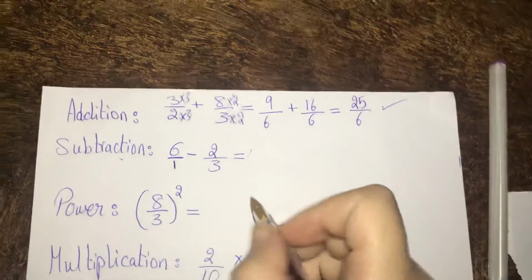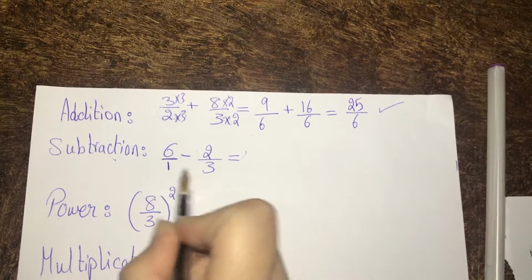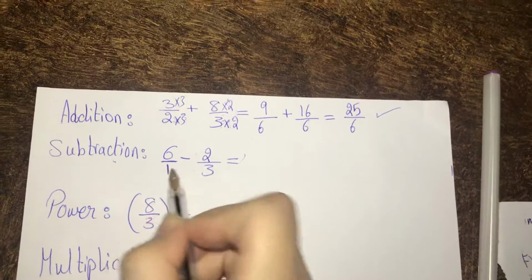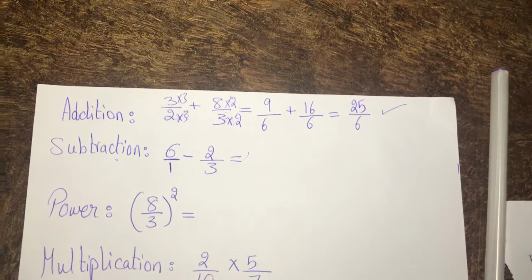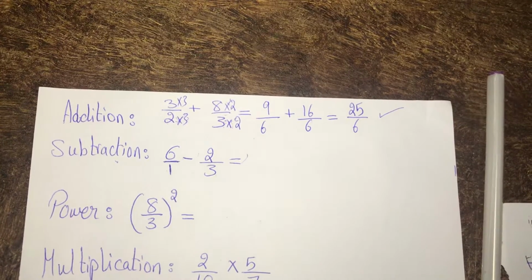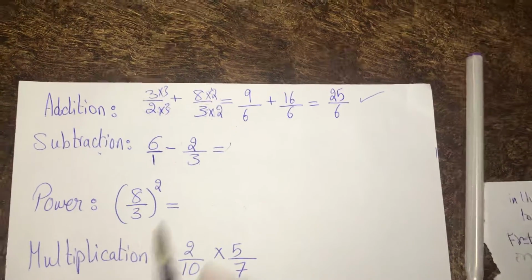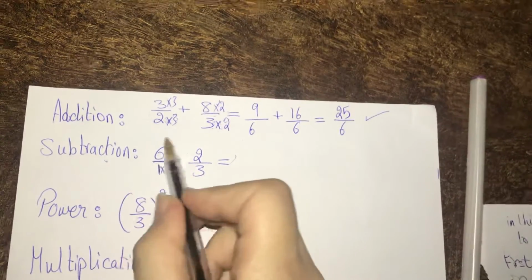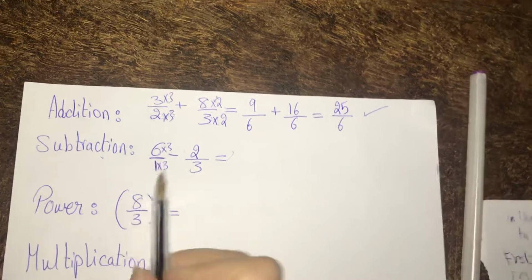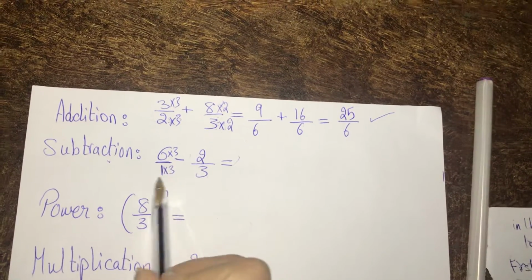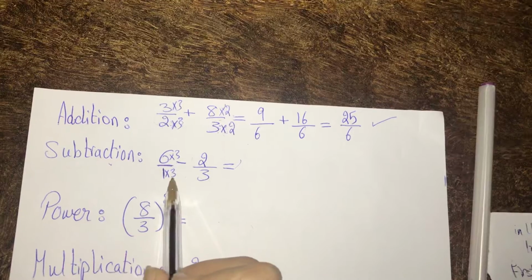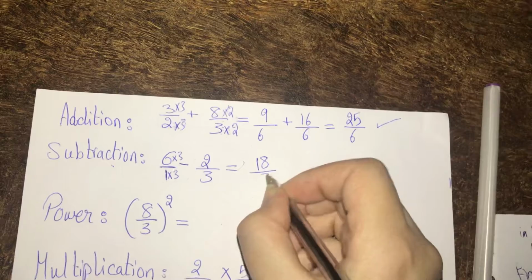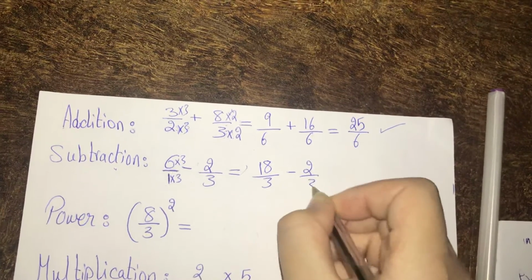Okay, in these denominators we have 1 and 3, so you have to find the common number in the multiplication table of 1 and 3, so you have to multiply by 3 in the numerator and denominator of this number to have 3 in the denominator. Okay, so 6 times 3 is 18 over 3 minus 2 over 3.